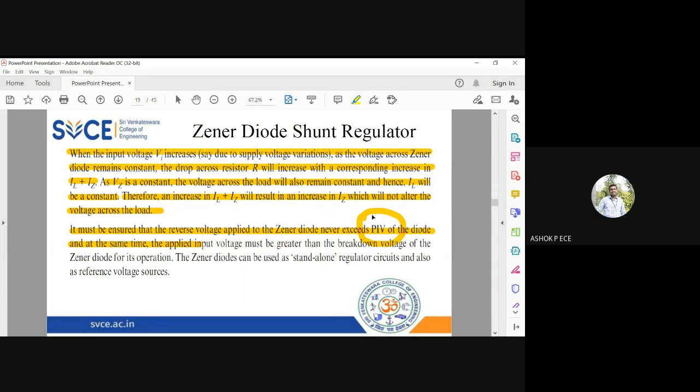So two things you should always remember: the applied voltage Vin should always be greater than VZ, but the applied voltage Vin should always be less than the peak inverse voltage of your diode.